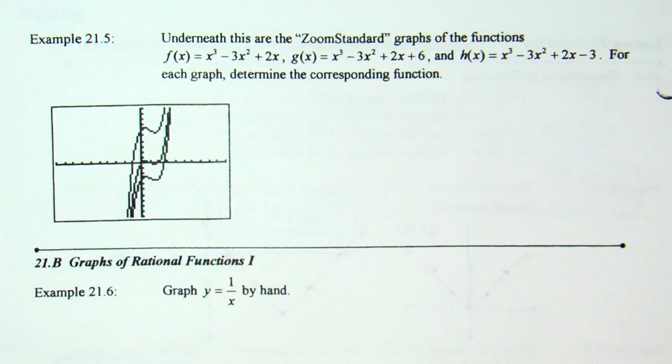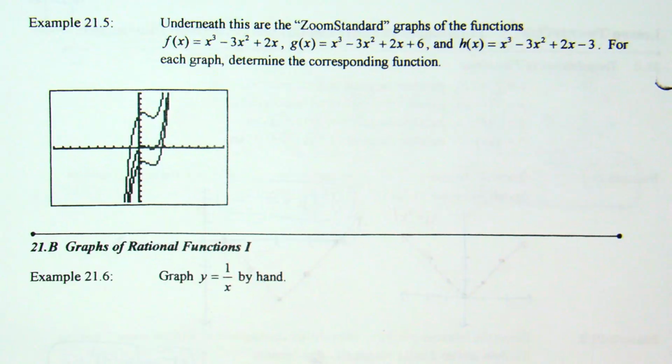So, my question to you, without grabbing your calculators, just using the equations and the graphs there, how can you tell me which is which? What do you think, Vincent? You could use the constants at the end of the equation, which represent the y-intercept, to determine which one is which. I agree.